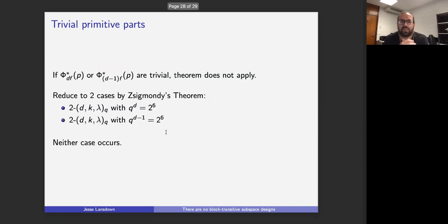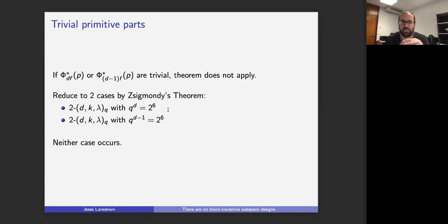which leaves the final case. So remember, to use the theorem of Bamberg and Pentilla, we had to have both of these things to be non-trivial. And of course, if they are trivial, we can't use that classification, but we can reduce it down to 2 cases by Zsigmondy's theorem, where we have designs where Q to the D or Q to the D minus 1 is equal to 2 to the 6.